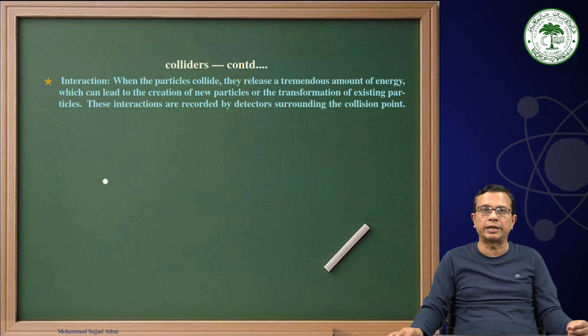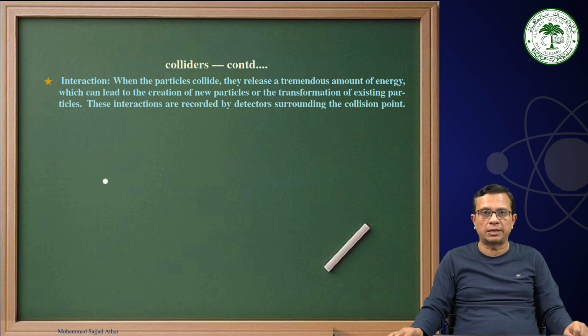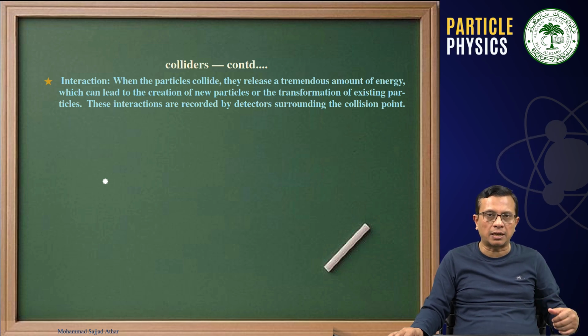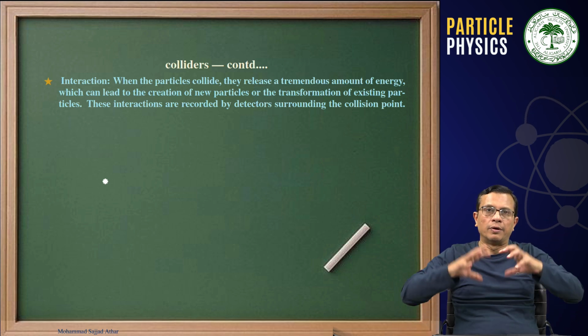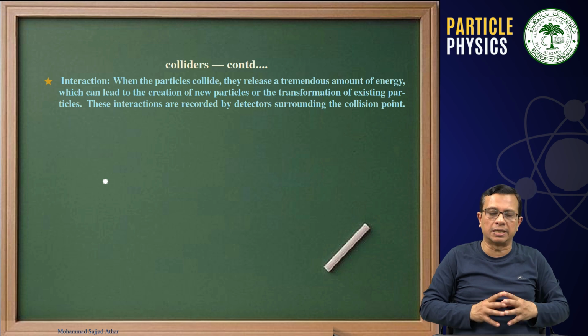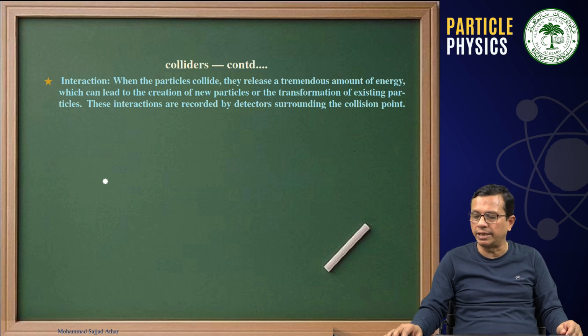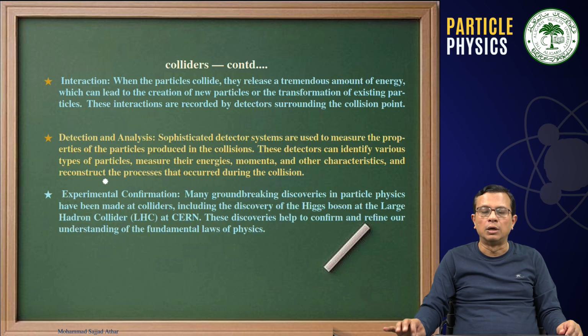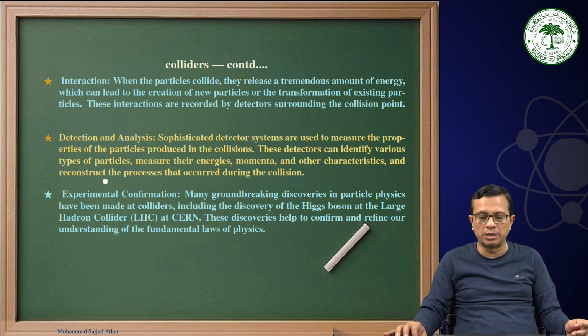These interactions are recorded by detectors, as I have told you that we have at LHC the CMS detector, ATLAS detector, ALICE detector, and various other detectors. Therefore, once the collision has taken place, new particles have been created and energy has been created. You want to study them, and for that you have to place the detectors. Now, sophisticated detector systems are used to measure the properties of the particles produced in the collisions.